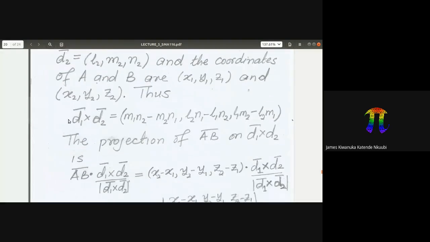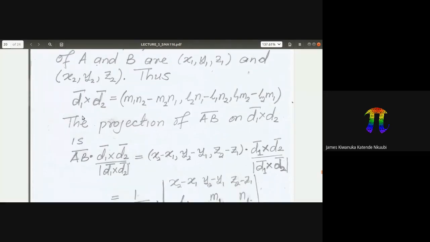If you know how to work out the cross product, the cross product of D1 and D2 will simply be equal to this. You can check this from your vectors. So the position vector for the cross product will just be this. If you work it out, you will get this. So now we need to find the projection of AB on D1 cross D2.